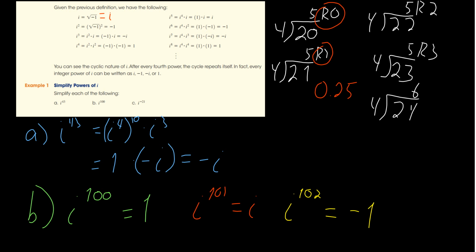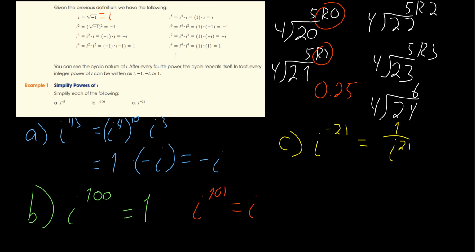With that, let's go ahead and do C. So let's erase that yellow down here, because we're going to need some room. C: I to the negative 21. So in your review sections, you recall that anything raised to a negative power would just be 1 over that exponent, and that would get rid of your negative exponent.